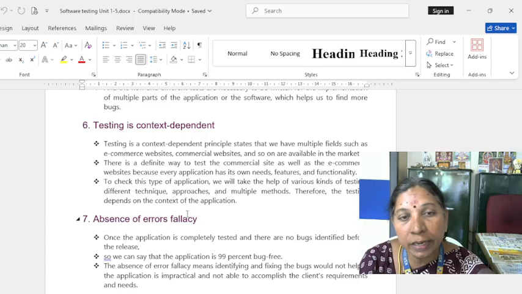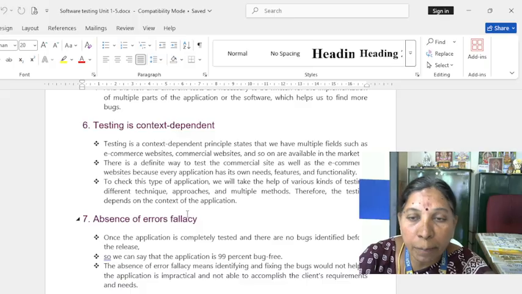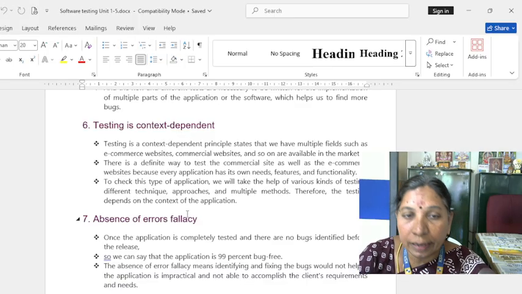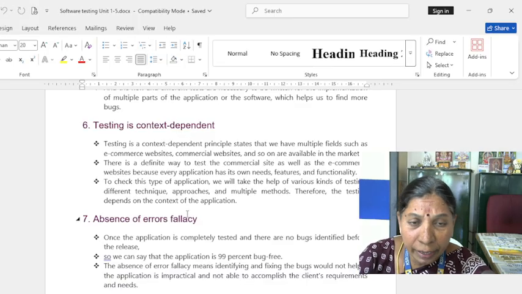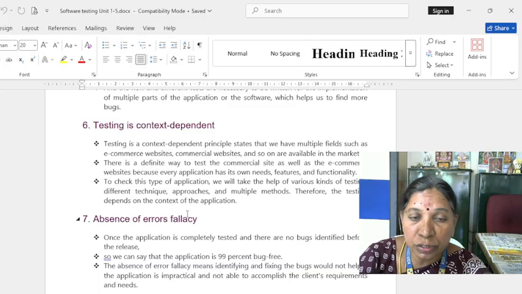Okay, the last one is absence of errors fallacy. Once the application is completely tested and there are no bugs identified before the release. Okay, in this case, error-free software is not possible. Some errors occur when comparing the existing and proposed system.